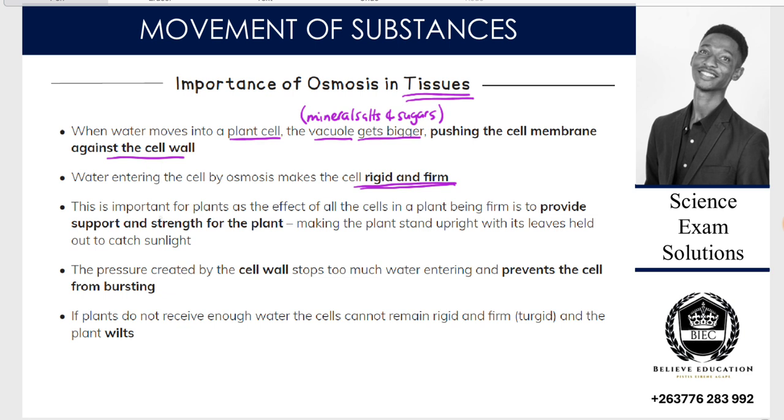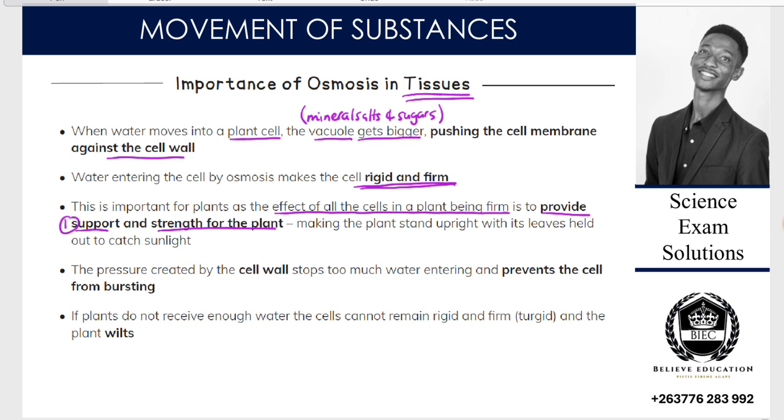Then this is important for plants as it affects all cells in a plant being firm. The purpose is to provide support and strength for the plant. So when cells become turgid, what happens? The plant provides what?